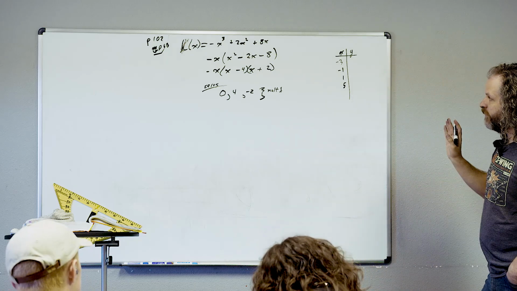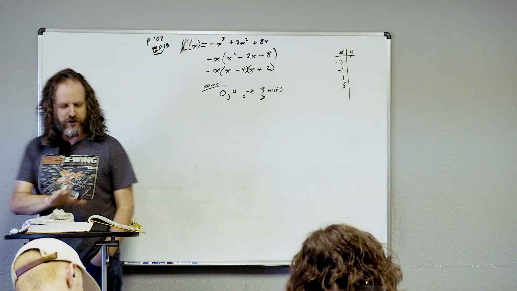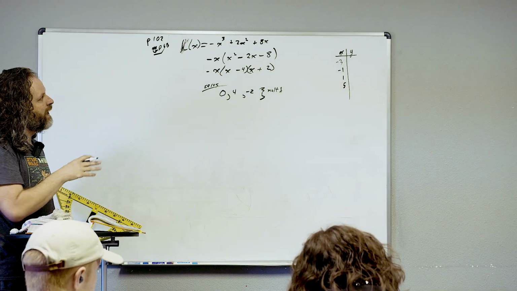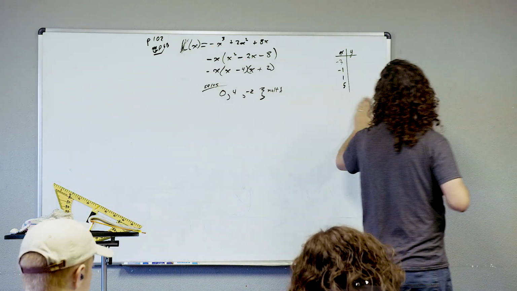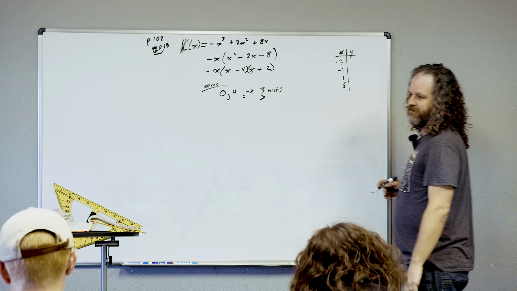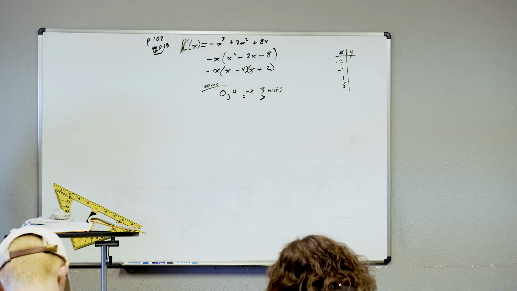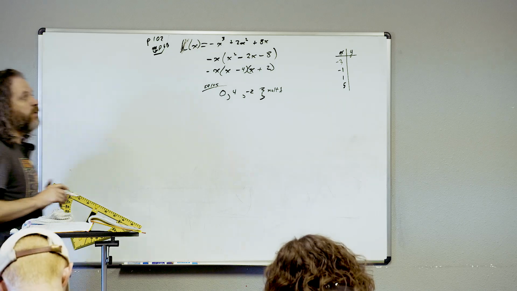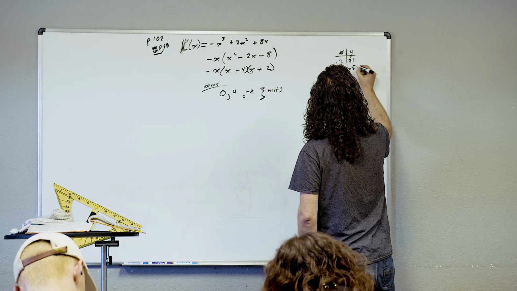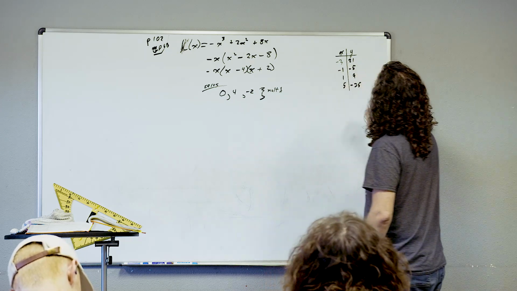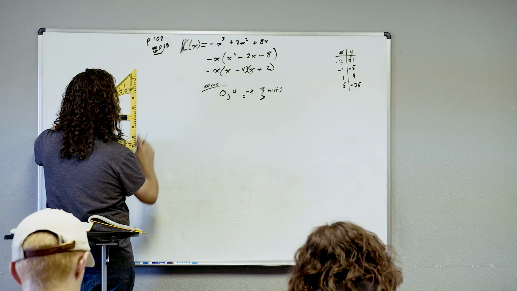The fastest way to do this math, if you're showing all the work that's fine, but you can put it in the table and get these, because this is just simple substitution. 21 for the first one? 21, negative 5, 9, and then negative 35. Then we stick all our dots on a graph and connect them.